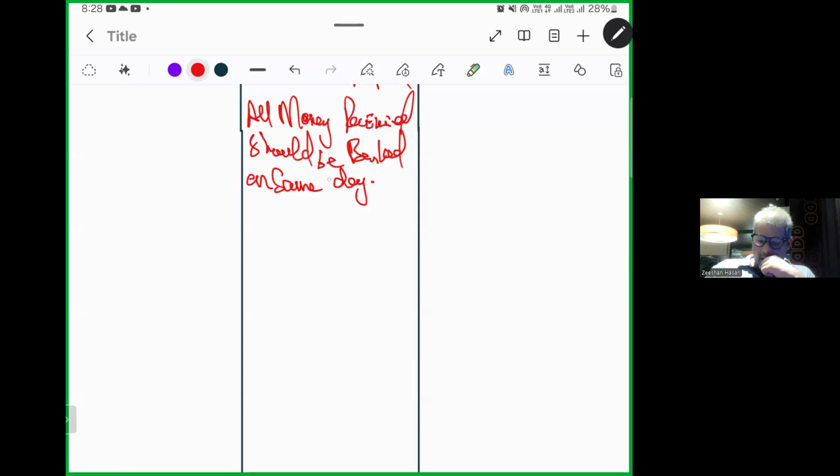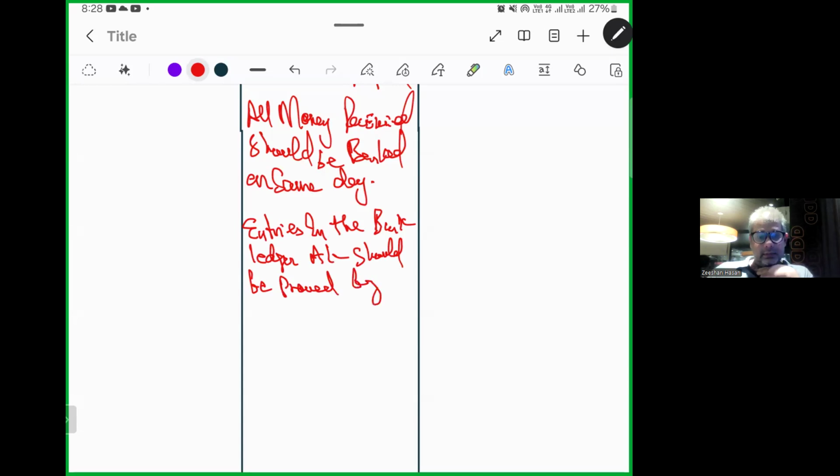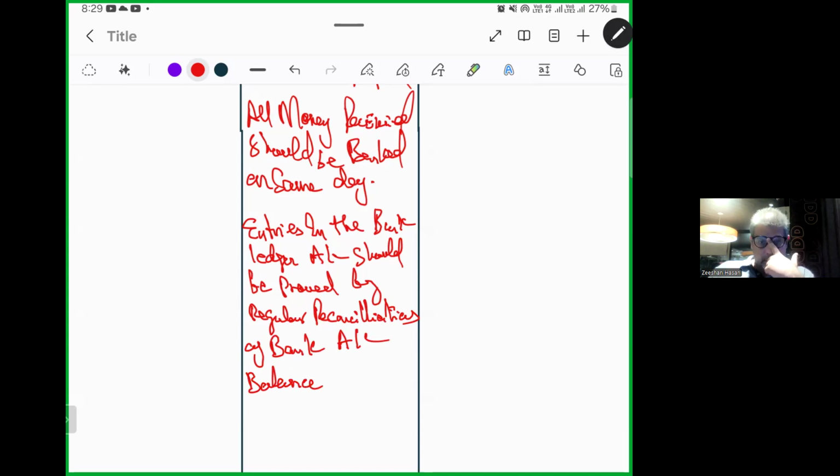Okay. Entries in the bank ledger account should be proved by regular reconciliations, regular reconciliation of the bank account balance to bank statement.